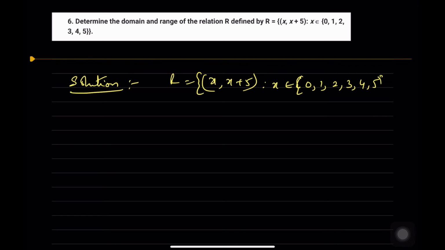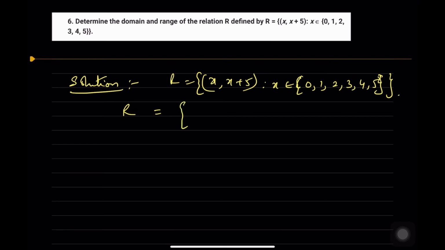For this we have to write the relation first, then the domain and range.